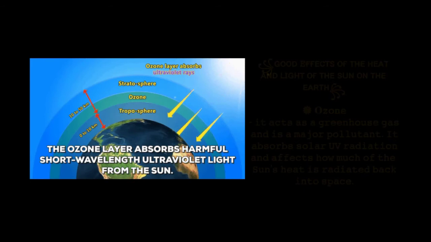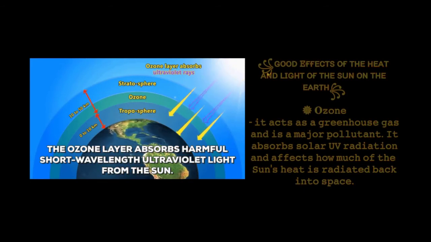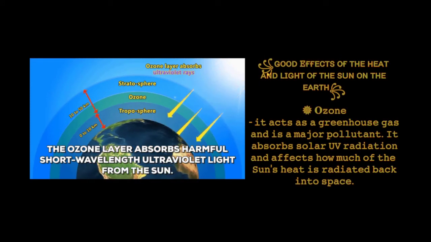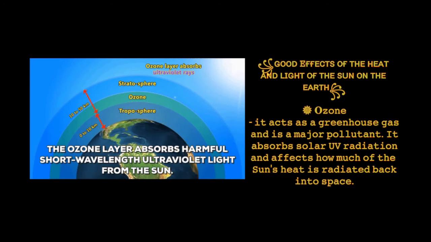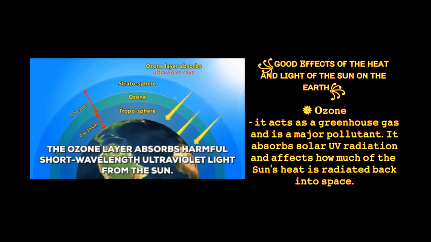Third one is the ozone. Ozone in the lower part of the atmosphere acts as a greenhouse gas and is a major pollutant. Ozone, or O3, is a highly reactive gas composed of 3 oxygen atoms. It is both a natural and a man-made product that occurs in the Earth's upper atmosphere.